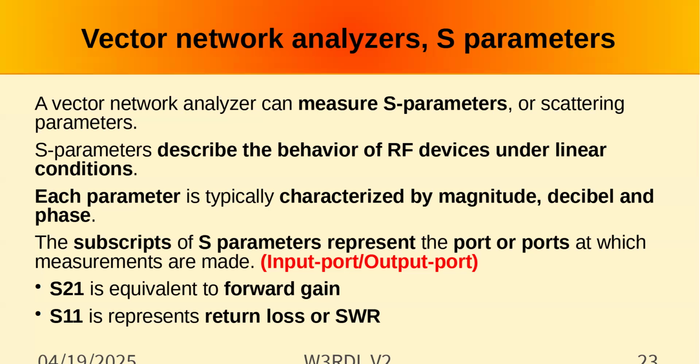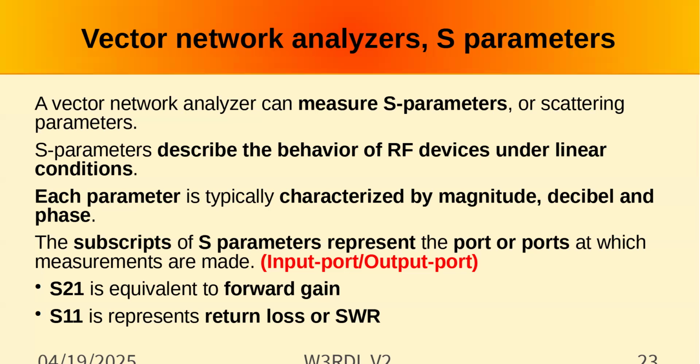And the way the S parameters work, since all the network analyzers have two ports, the S parameters are input, output. So an S11 means you're looking at the input signal on port 1 and the output signal of port 1.